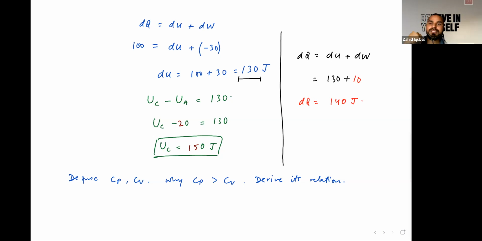So if you have to get the same amount of change in temperature or change in internal energy for constant volume and constant pressure, you must supply some extra amount of heat at constant pressure with respect to constant volume. Since at constant volume, heat supplied to the system is utilized only in changing internal energy. That's why it would require a lesser amount of heat to change by the same amount. That's why CP is greater than CV. So Myra, is it clear? Yes.